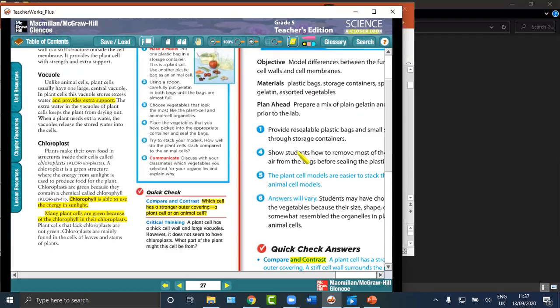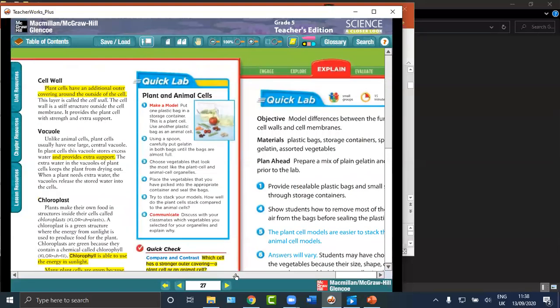If they don't have chlorophyll, there will be another color. Plant cells that lack chloroplasts are not green, they have another color.